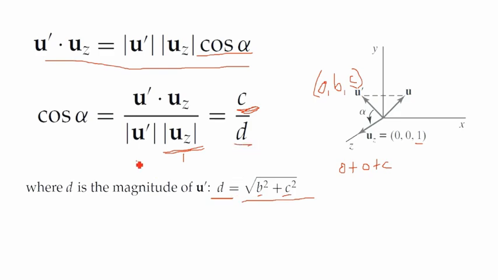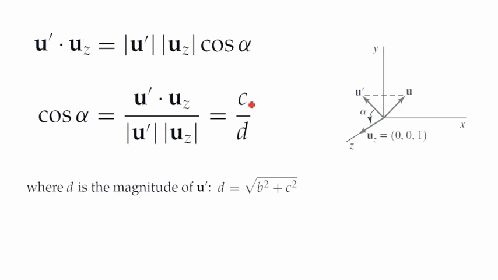So it is d into 1, that is d. So the cos alpha term is equal to c by d. I know what my c is, and I know b and c, which gives us d. So cos alpha is now represented in terms of known values, right?